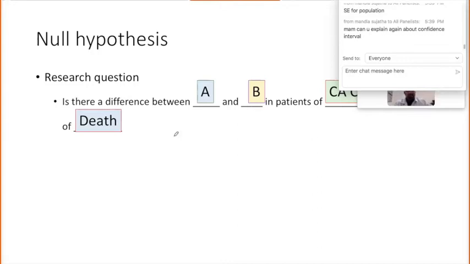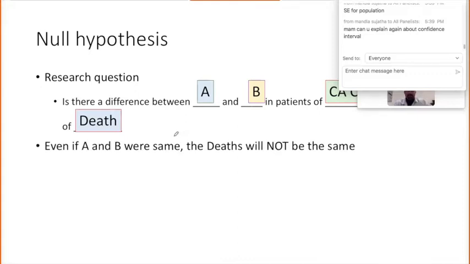It could be the smoking status, smokers versus non-smokers. It could be a treatment. Just that, is there a difference between A and B in patients of carcinoma cervix in terms of death? Do A wale people die more or do B wale people die more in a standard population of carcinoma cervix?